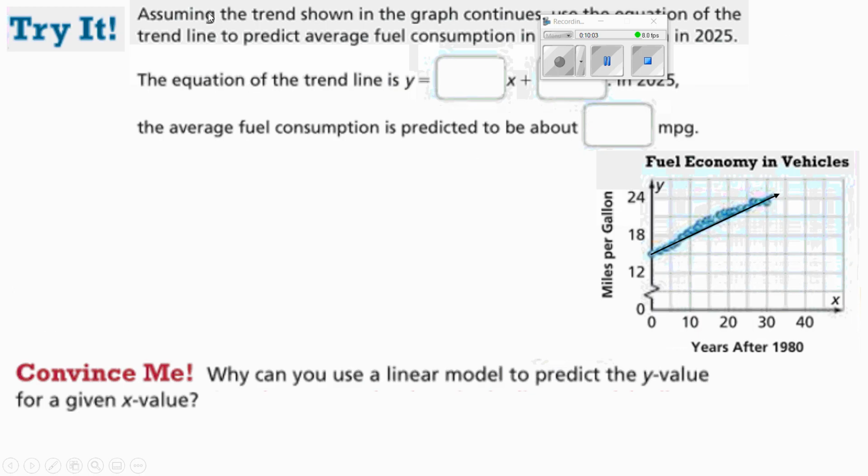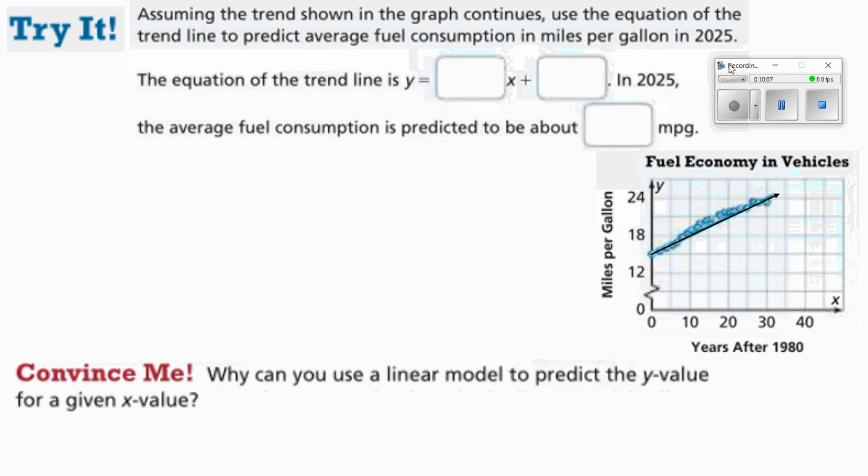All right, assuming the trend line and the graph continues, use the equation of the trend line to predict average fuel consumption in miles per gallon in 2025. The equation of the trend line is y equals something x plus something.